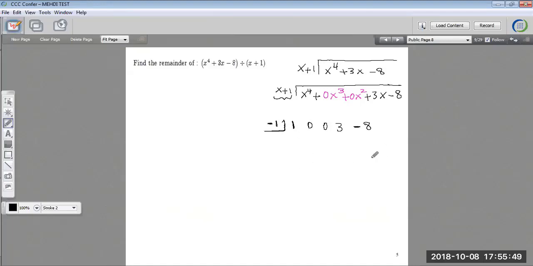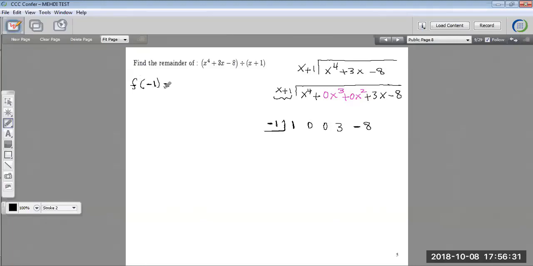However, we had one property, if you remember: if I find f of minus 1, whatever number I get here, that would be my remainder without dividing using long division or synthetic division. Okay? So if this were x minus 1, then you would have to evaluate f of plus 1 in order to find the remainder. All right, let's go ahead and find what this f of minus 1 is here.